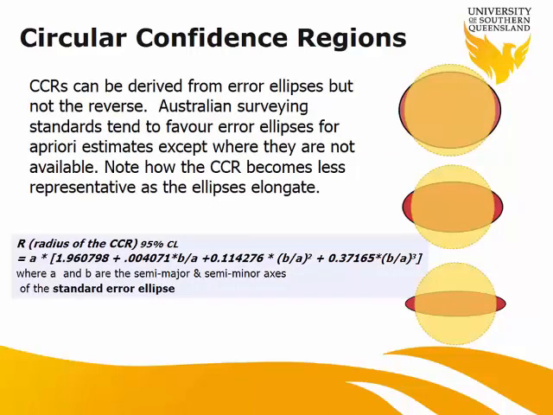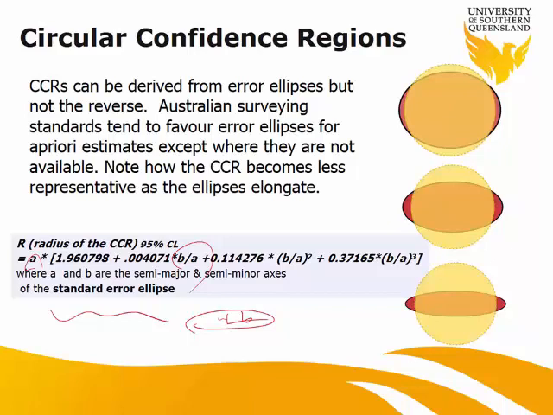So circular confidence region can be derived from error ellipse. If you have an error ellipse, you can simply, using the formula we have here, with A and B, which are the semi-minor and semi-major axes of the error ellipse, calculate the radius of the circular region.